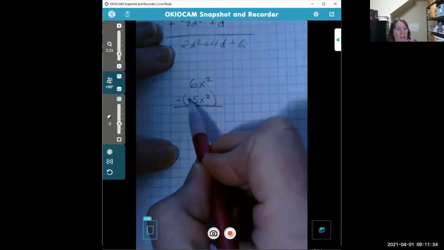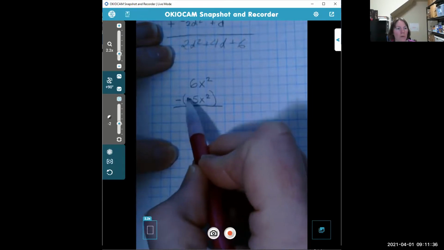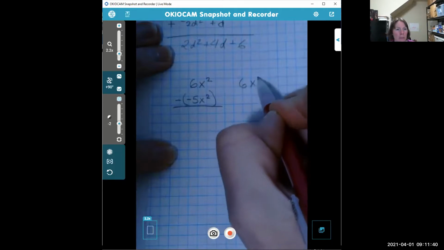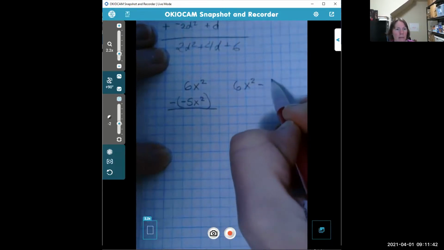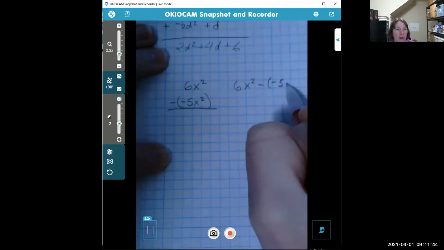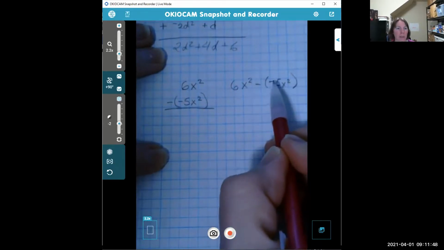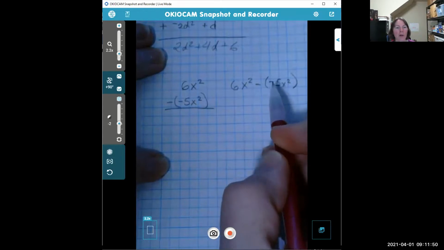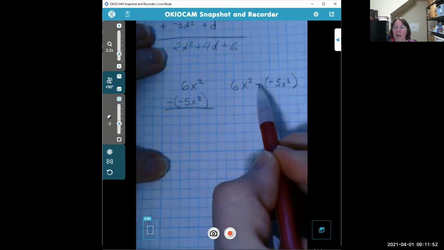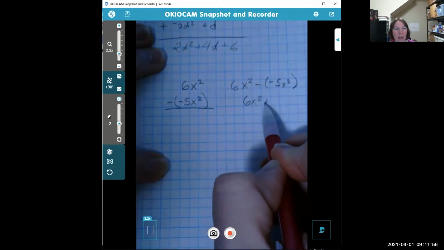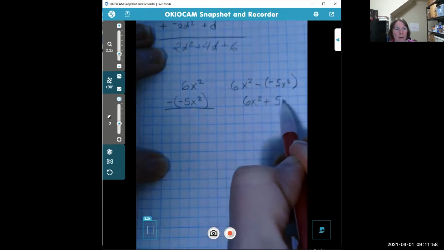And here you can easily see, wait, those are right next to each other. And if I had written it sideways, you would see it was 6x squared minus a negative 5x squared, and you would still see those negative signs right next to each other. And that would be a good clue that, hey, if I am subtracting a negative, it's the same as adding a positive.